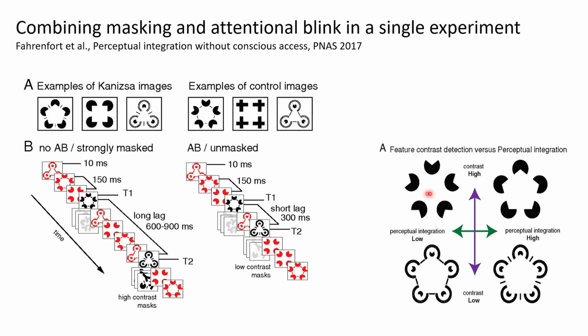This is with low perceptual integration, and this is with high perceptual integration. They call it perceptual integration. You could also call it perceptual inference, or, of course, these pentagons are sort of a combination of integration and inference, but anyhow, high-level visual processes, which are going on with the Kanizsa illusion configuration, but not with these other configurations, the contrast configurations.